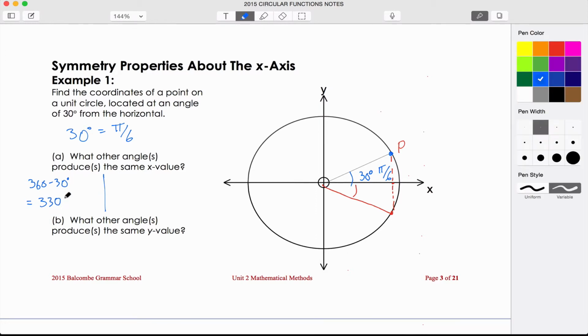330 degrees. If we're doing this in radians though, we know that all the way around here, the 360 degrees is 2 pi radians, and 30 degrees is pi over 6. And you need to think of these like fractions. So 1 pi radians would be 6 pi over 6. 2 pi radians is 12 pi over 6, minus pi over 6.